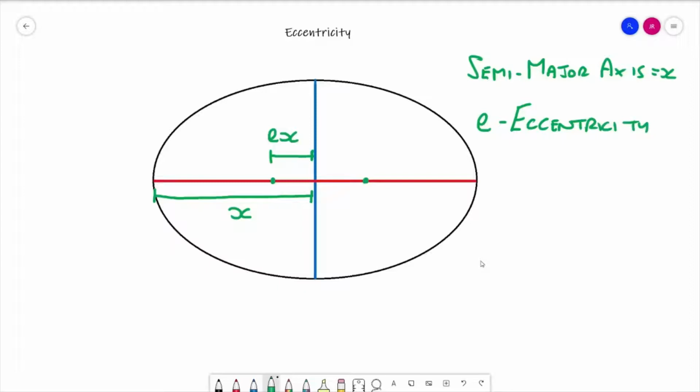So we can see that as e increases, that distance e multiplied by x also increases, and the two foci become further and further from the centre of the ellipse, making it more elliptical. So if we have a small eccentricity, that implies it's getting closer to a circle, so it's more circular. And for a large e, we become more elliptical.